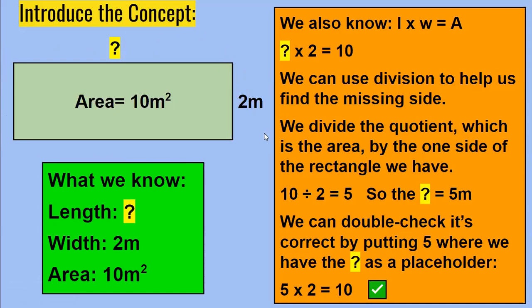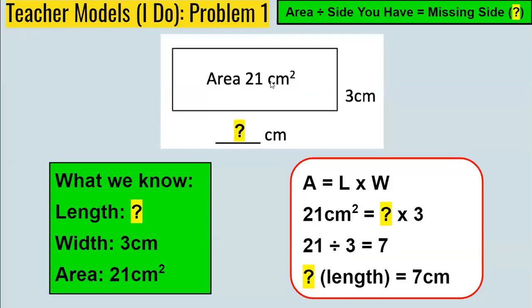Is that clear for everyone? Yes. Okay, good. If we have an area of 21 centimeters and a width of 3 centimeters, we need to figure out the length. We don't know the length, we know the width, and we know the area.